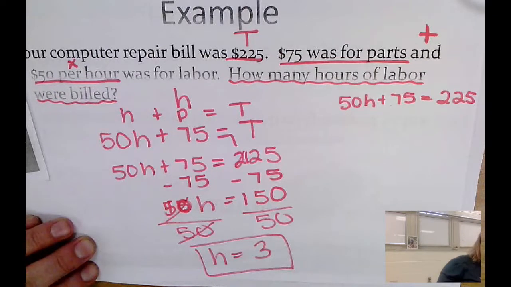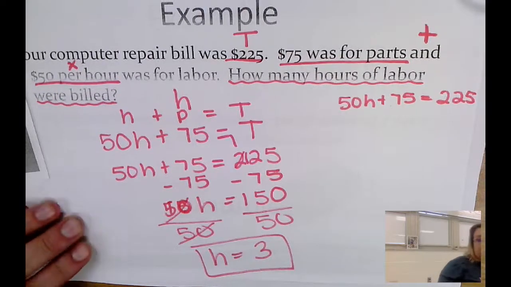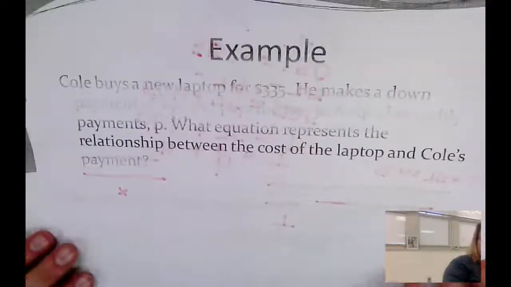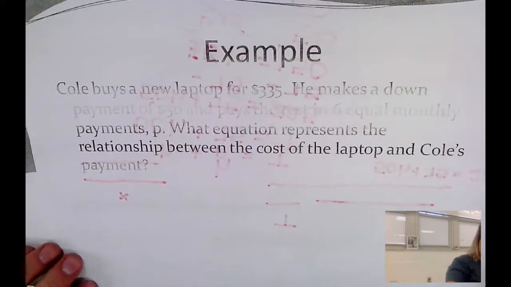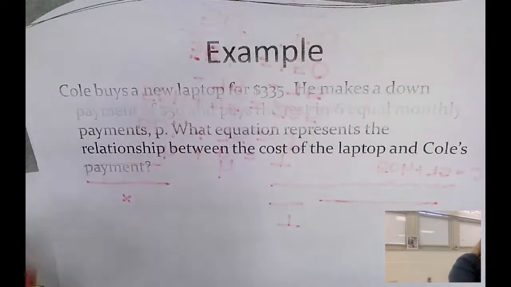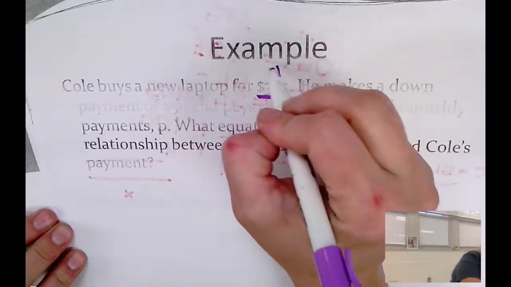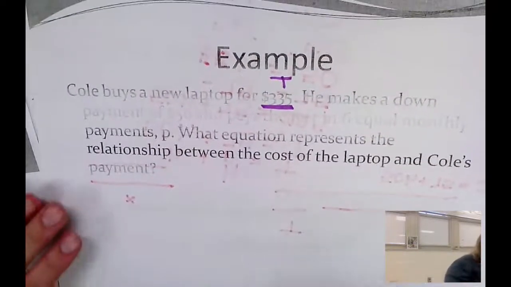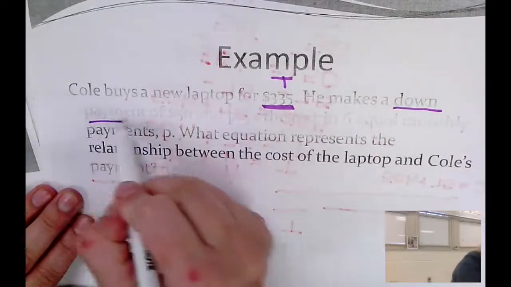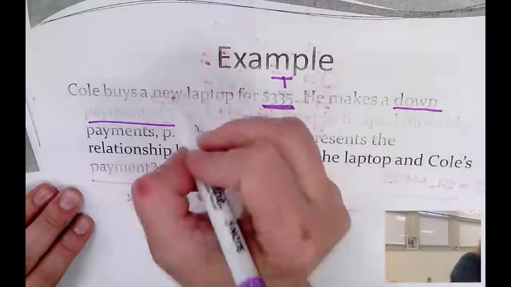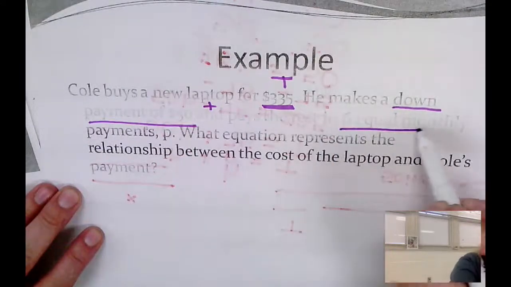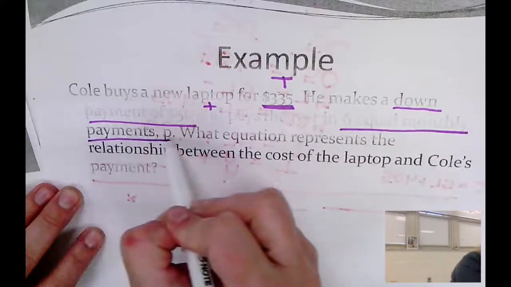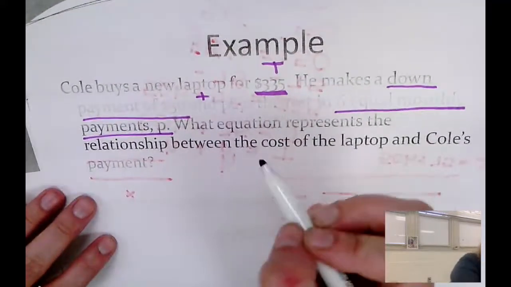Cole is buying a new laptop for $335. Okay, again, that is our total. He makes a down payment, so this is a one-time payment of $50. And so we're going to be adding. He pays the rest in 6 equal monthly payments, which is P. So we're defining our variable, which is P. We're looking for an equation that represents the relationship between the cost of the laptop and Cole's payments.